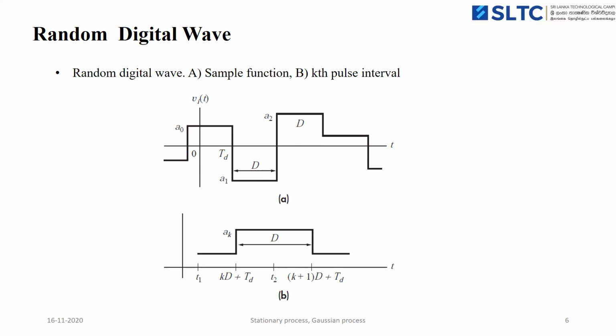The duration of one pulse varies from kD plus TD to (k plus 1)D plus TD, where TD is the delay of the pulse and capital D is the duration of the pulse.